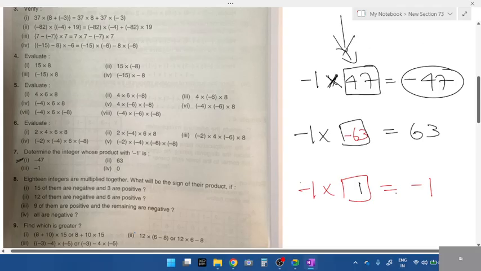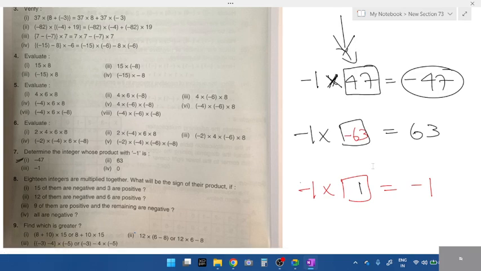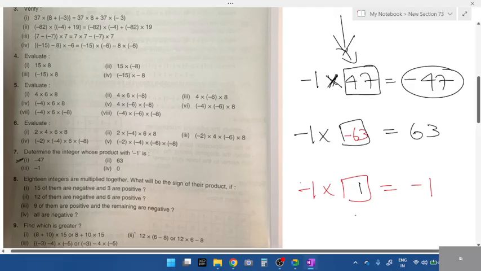So in the question, they've asked to find all these answers. Right-hand side they've given, right? Tell me the last one, the fourth one. Seventh main, fourth one. 0 is the answer.